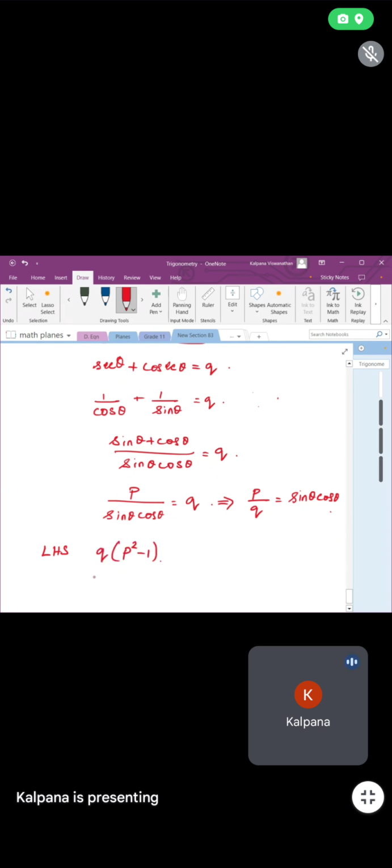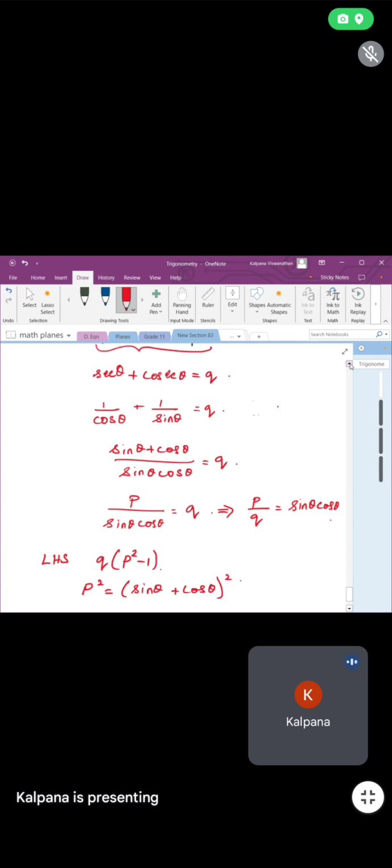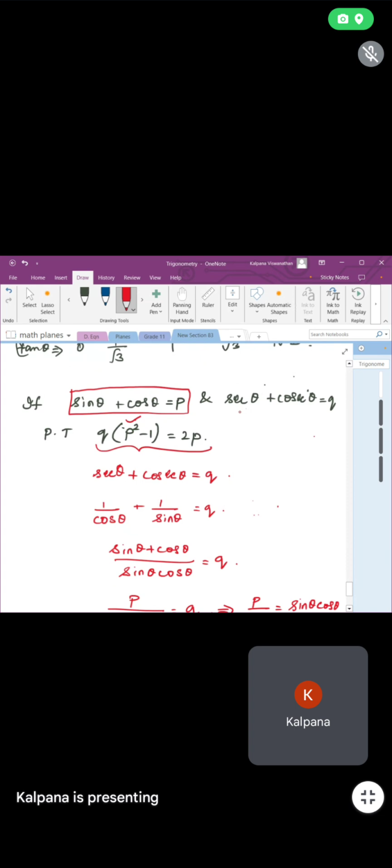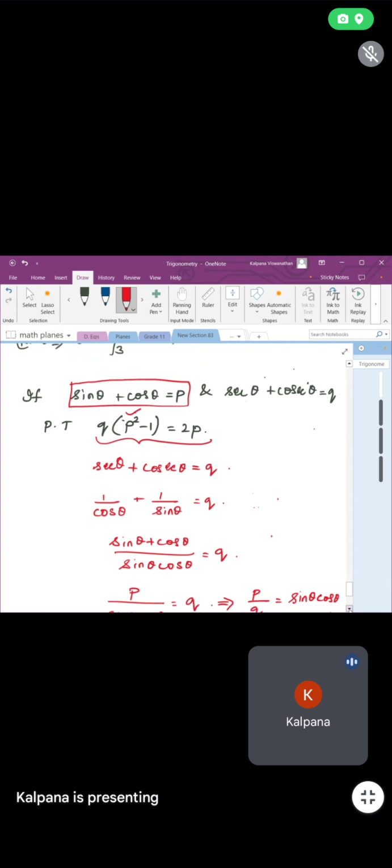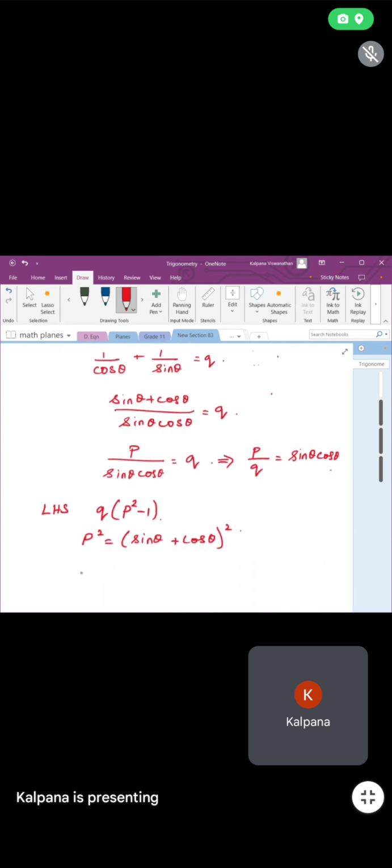So first find what is P square. Did you all take the question? What is P and Q? Yes or no? Yes, sir. So quickly find P square.